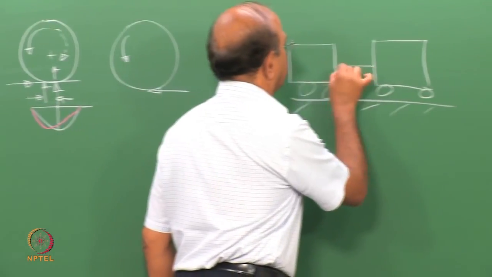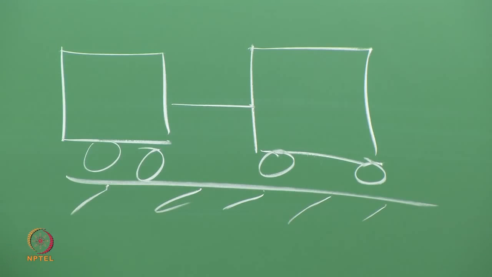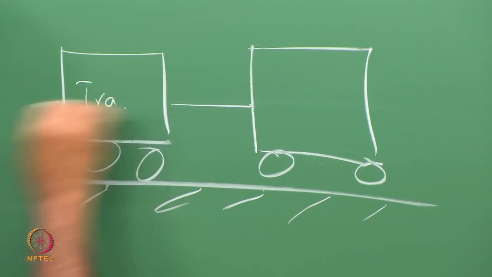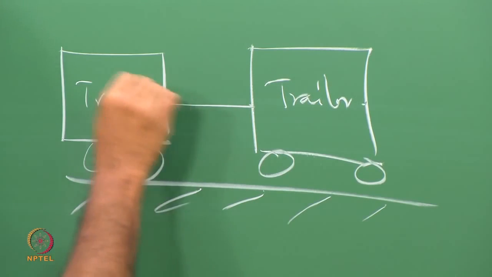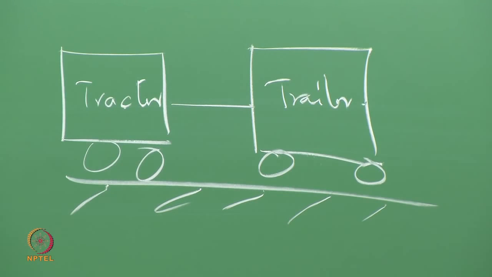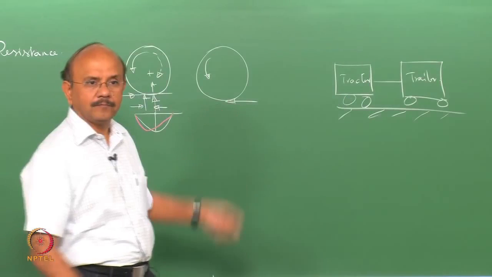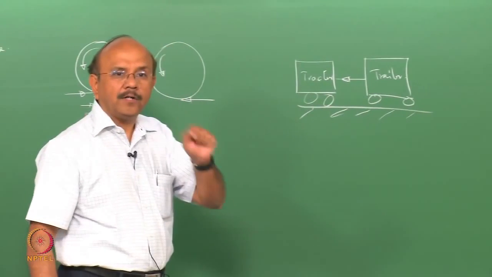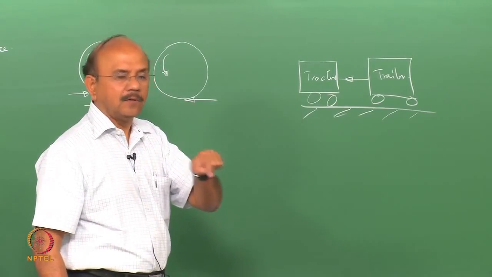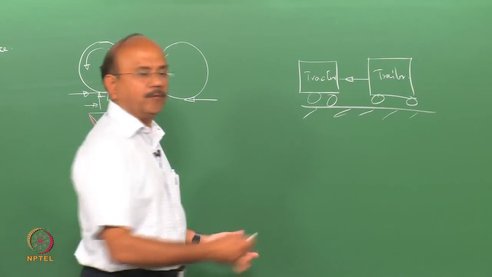Now, there is a link, and this tractor is pulling this trailer, which means that this tractor applies a force in this direction to the trailer. Now, if you want to draw the free body diagram of this tractor, what will you do?